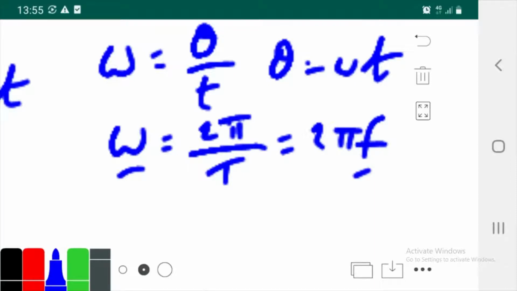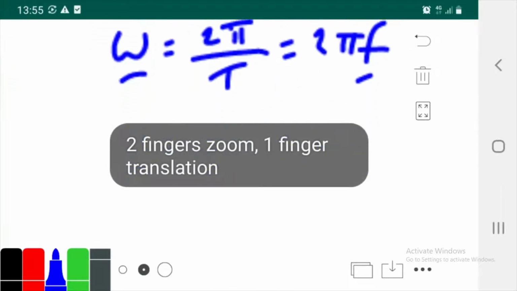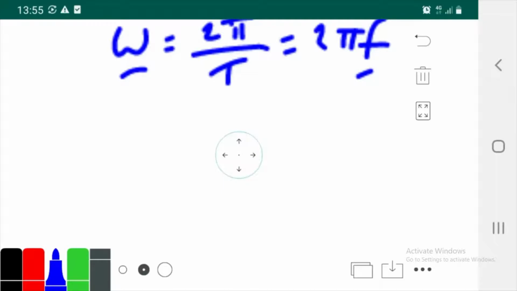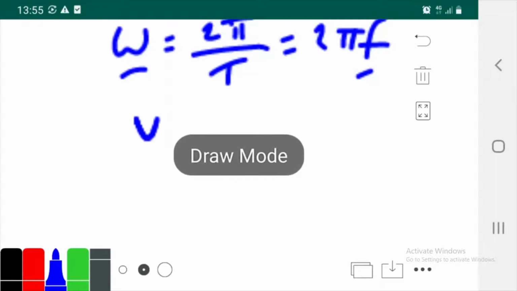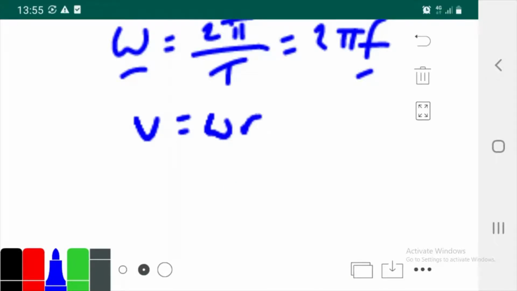So it's all tied together: time periods, frequencies, angular velocity. Remember, angular velocity is distinct from tangential velocity, which is related by the equation v equals omega r, so your tangential velocity would increase the further out you go from the center of rotation. But what we're concerned about is that angular velocity is a function of frequency.